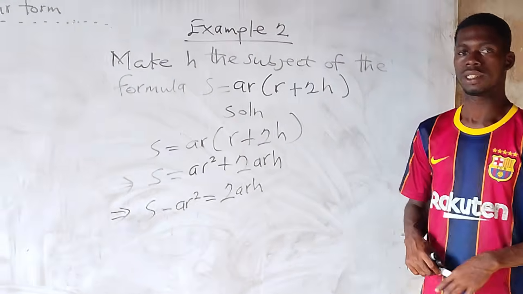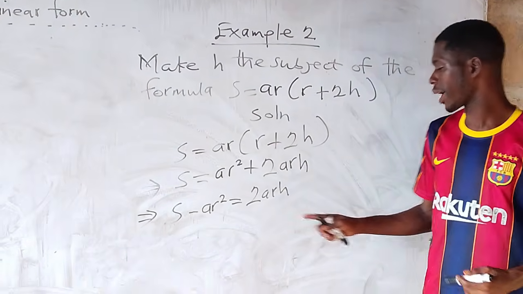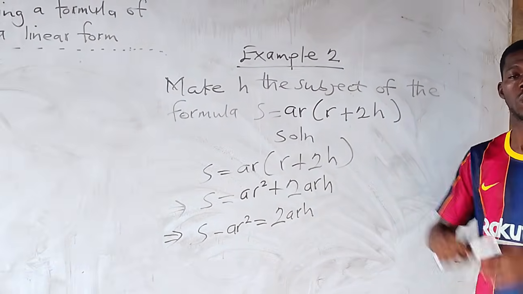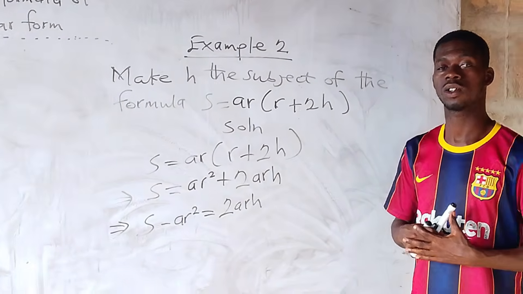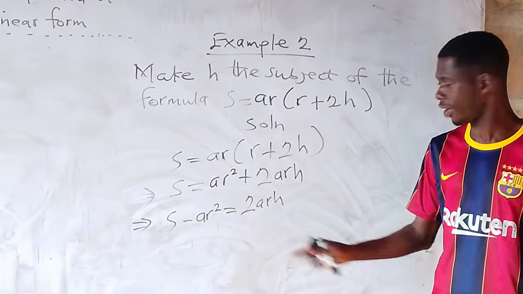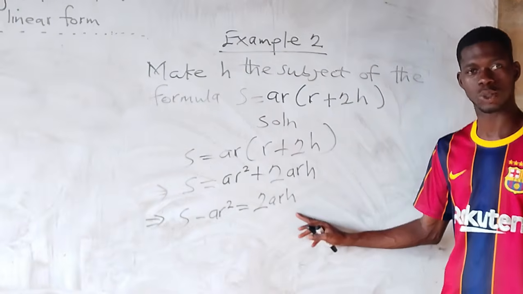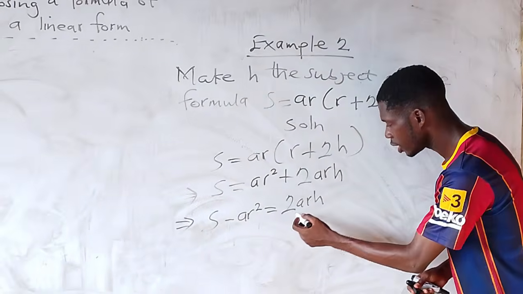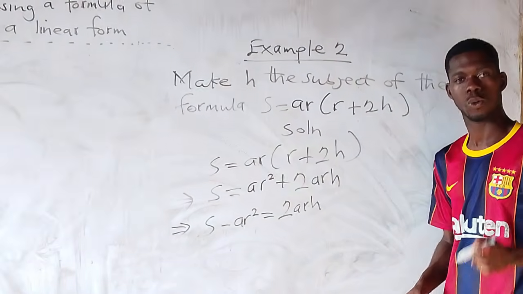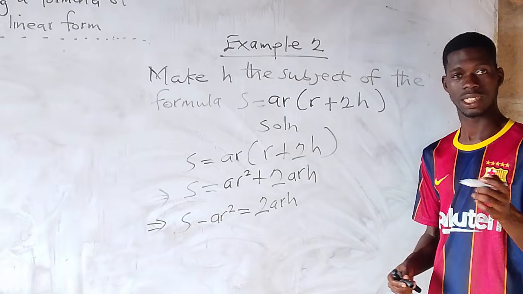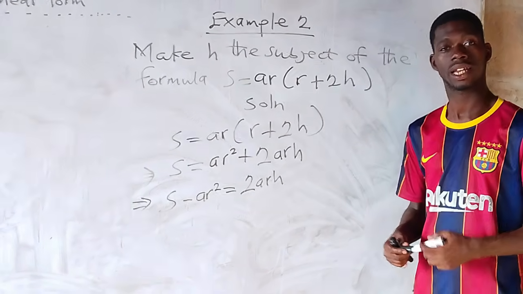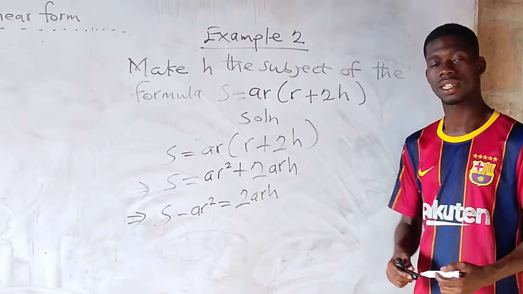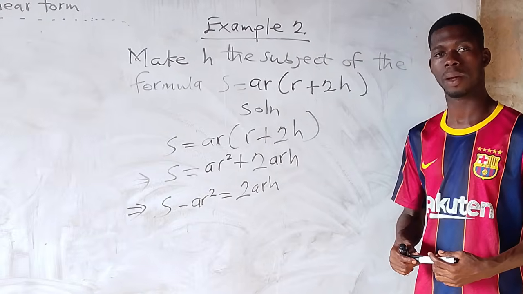Now, before we can make H the subject, we divide both sides by the coefficient of H. The coefficient of H for this question is 2AR. Coefficient is the number or the letters which are attached to the H, or the letter we are making the subject.